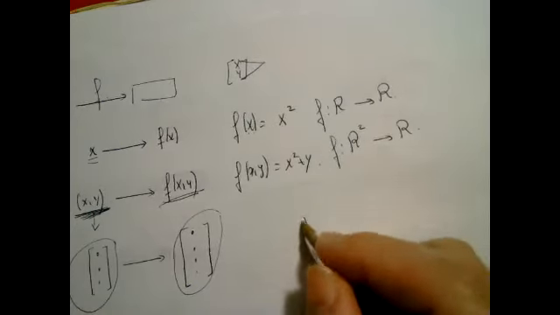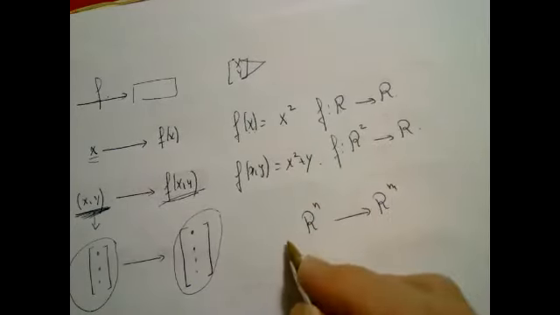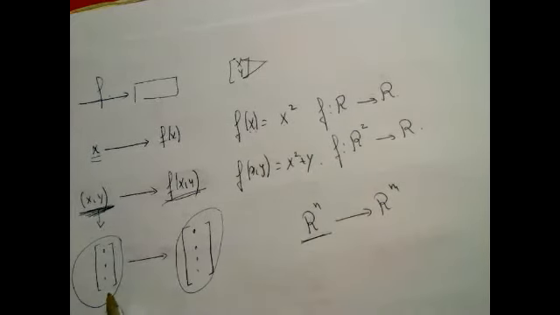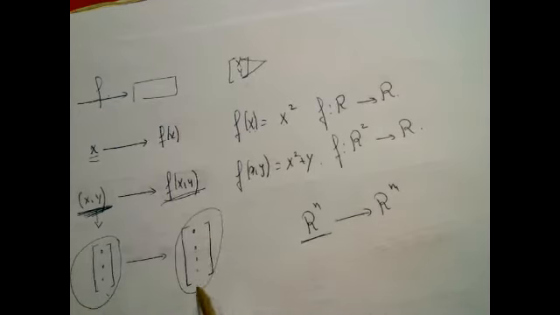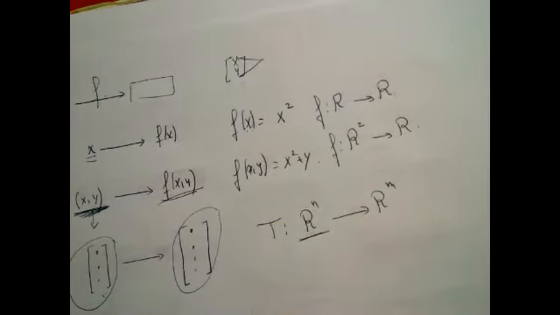Now, we're going to say it is from Rn to Rm. It means my function has for input a vector in R1, R2, R3, R14, and the output is also a vector in Rm. And we're going to call those transformations instead of calling them functions. Okay, so which is the same thing.